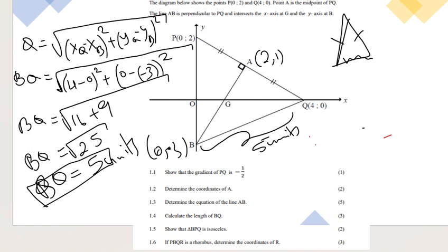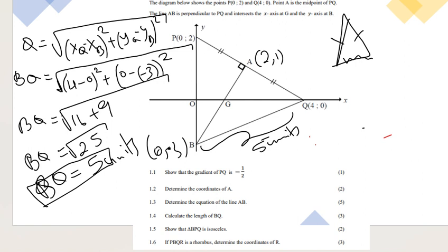So for a triangle to be an isosceles triangle, two of its sides should be equal.